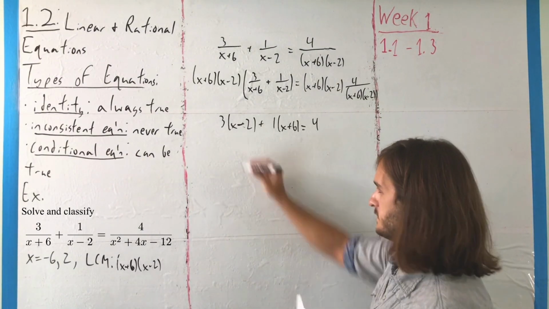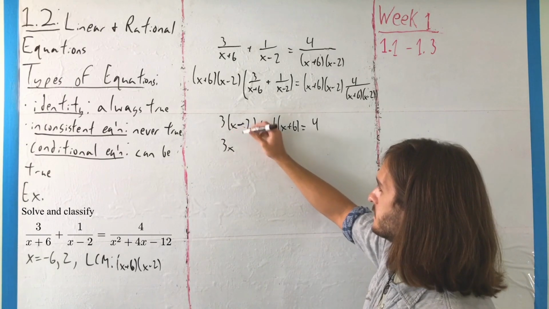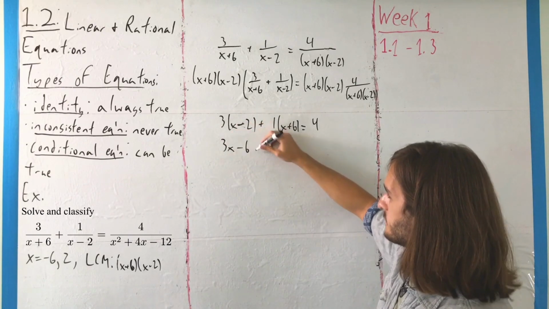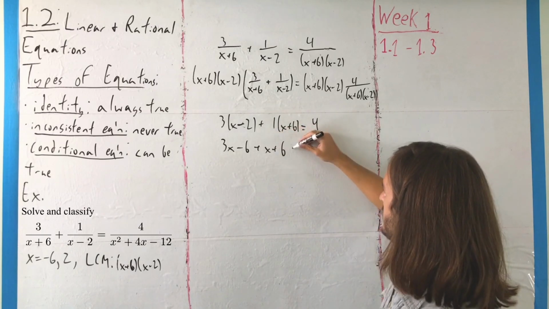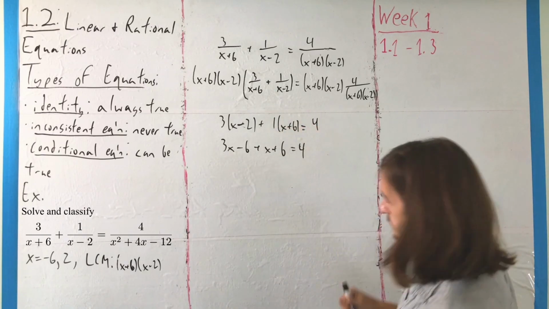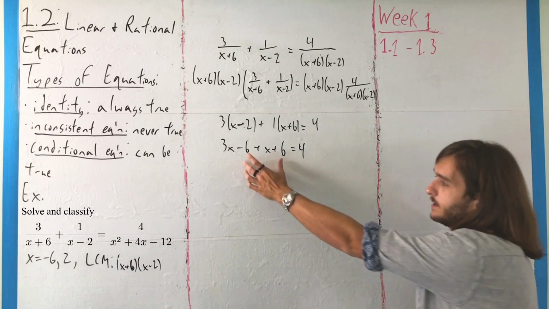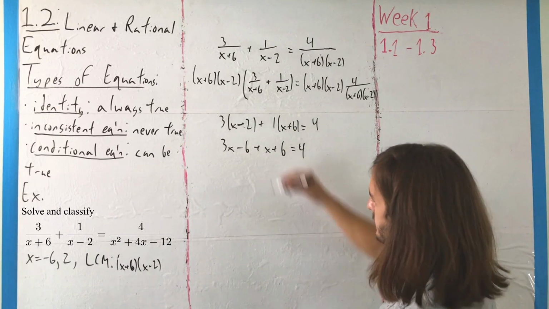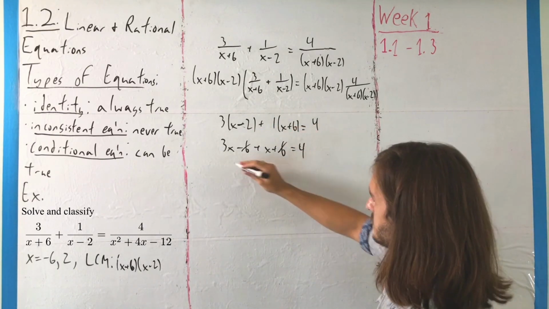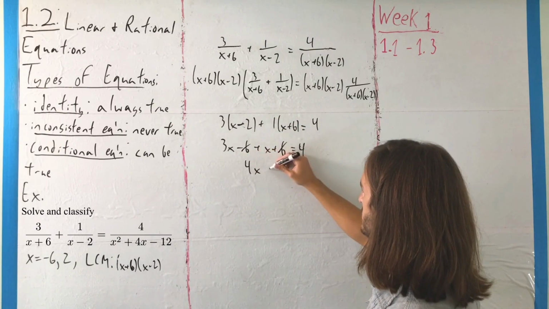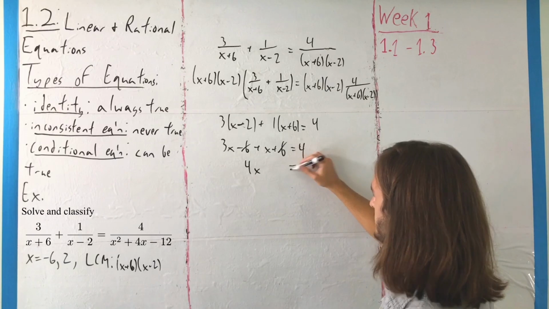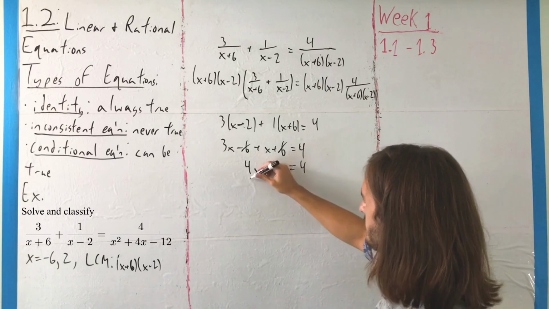Anyway, getting back to our math, we can proceed because this is actually pretty linear. That'll be a 3x, and 3 times negative 2 gives you negative 6. Well, that's just x plus 6 and 4. And, well, that's pretty convenient. We don't even need to move these over. They just kill each other. Plus 6 minus 6, 3x plus x is 4x, equals 4.